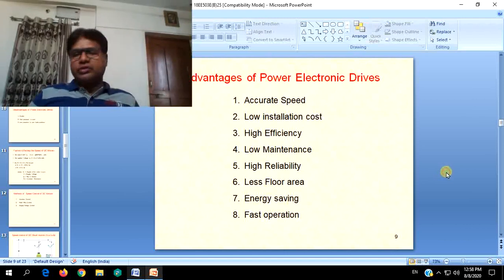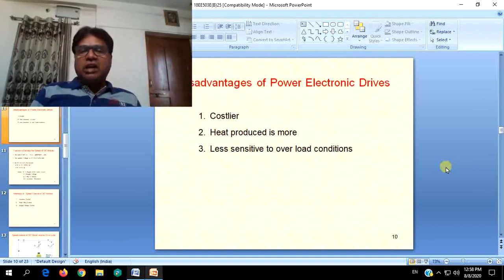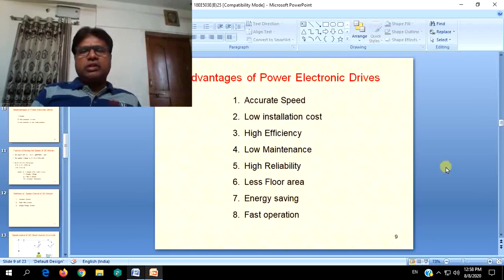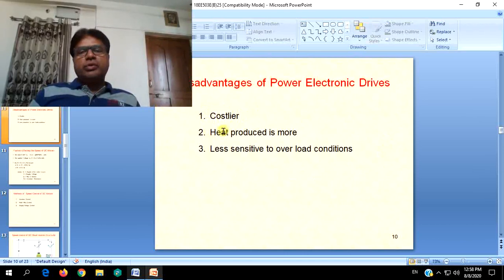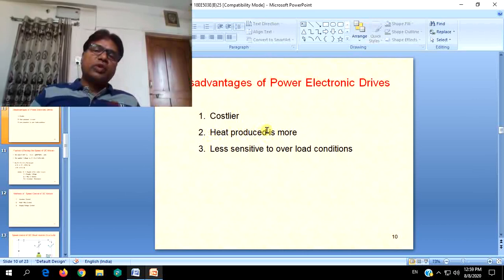So these are the advantages of power electronic drives, and there are a few small disadvantages. They may prove to be costlier for higher ratings and higher frequencies. Heat produced will be more compared to even conventional drives, in the case of fast acting switches, owing to ohmic losses or voltage drop across those switches due to high reversals.